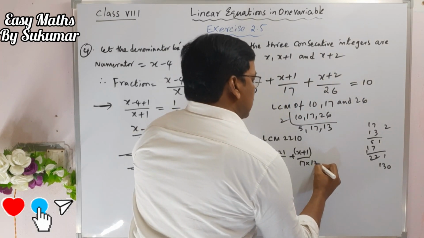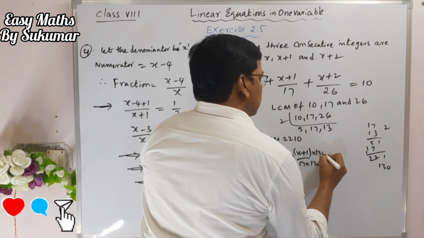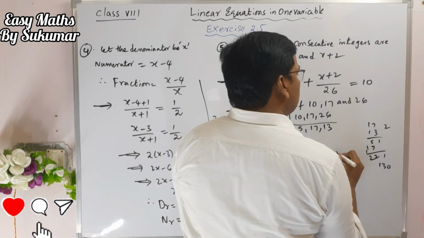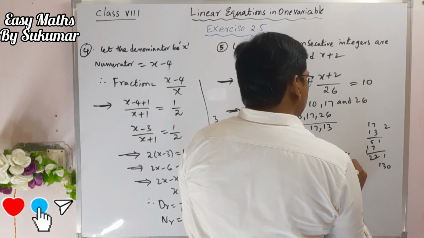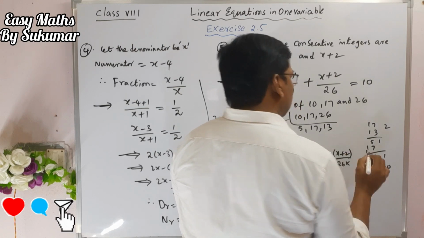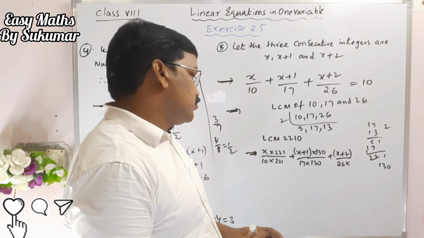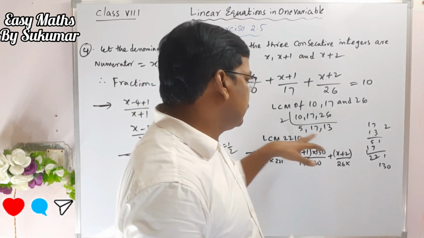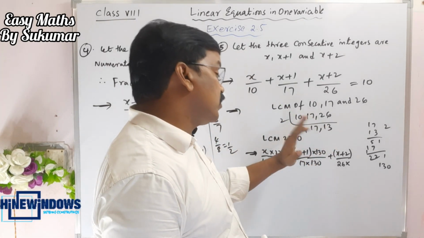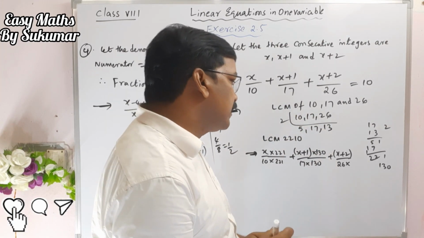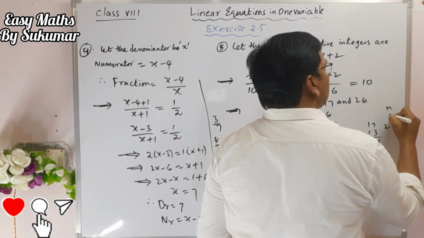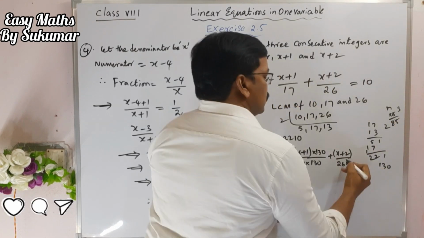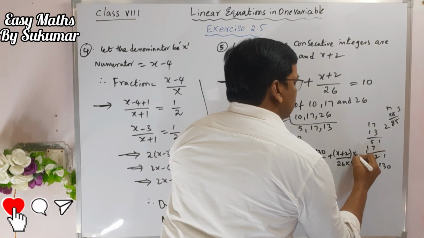So let us multiply with 130. Now coming to x plus 2 by 26, when you divide 2210 with 26, you will get 85.